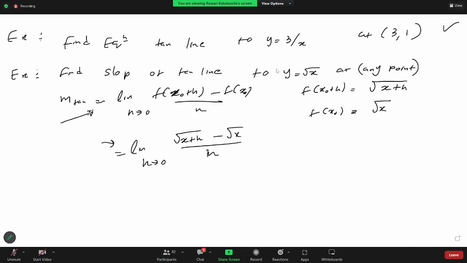This is the application. At this point, this problem is seen as an application. Right? But at this point, now it is a mathematical problem.